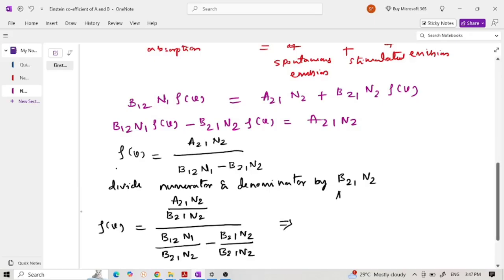After simplification, it becomes A21 divided by B21, the whole divided by B12 N1 divided by B21 N2 minus 1. Take this as equation 1.